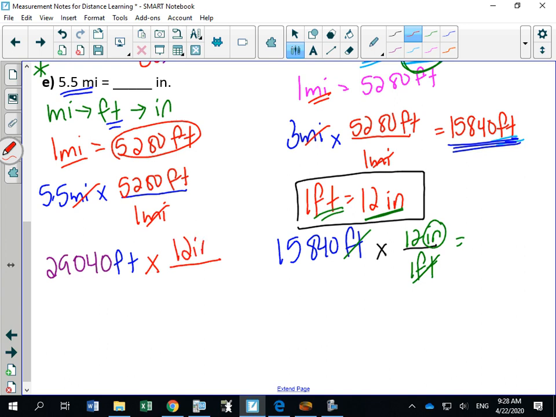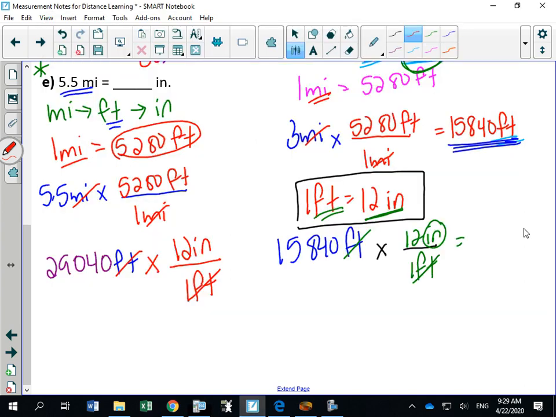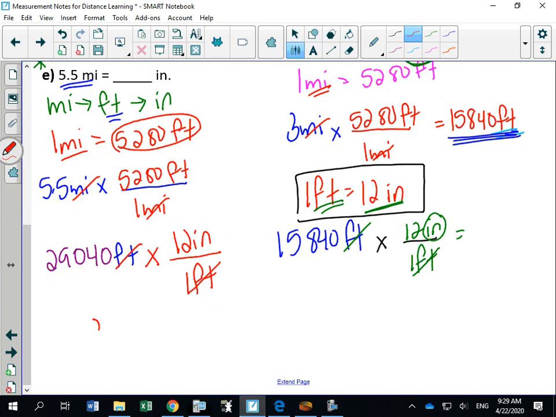So 12 inches goes on top, 1 foot goes on the bottom, a foot and a foot will cancel, and I'm going to take my answer of 29,040 and multiply it by 12 to give me my final answer of 348,480 inches. And that would be my answer.